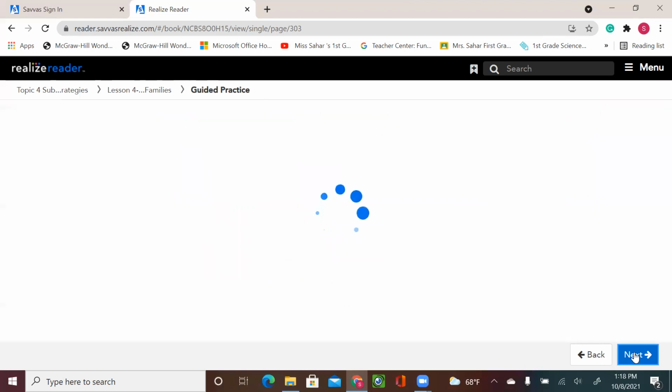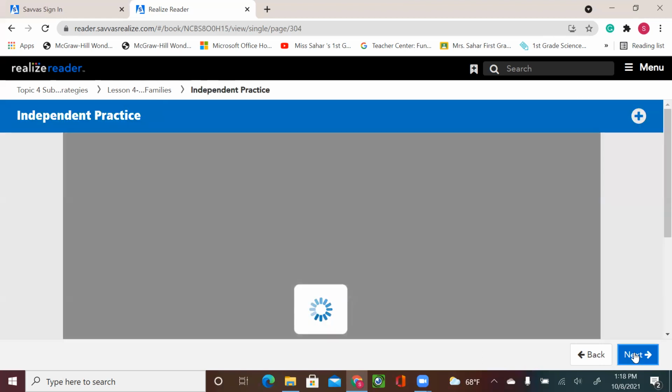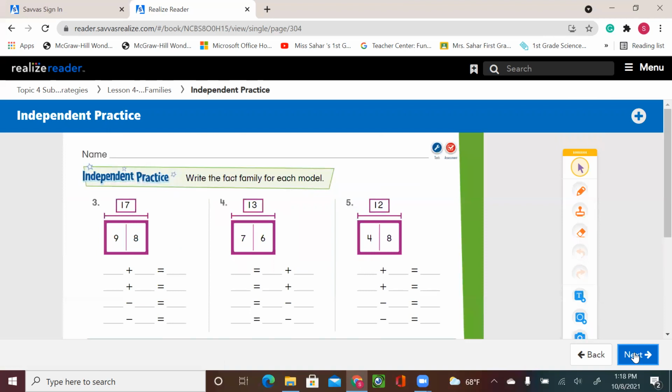Okay, let's do one exercise from our independent practice. Make it easy for you. All right, write the fact family for each model. Let's do number 3 together. Total 17. My two parts are 9 and 8. It's easy.